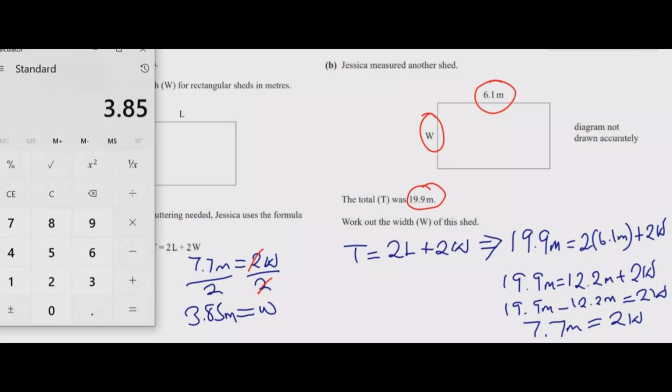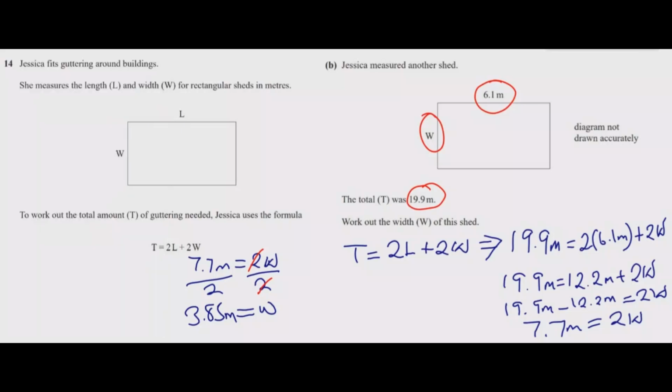So here we can say the width of this shape is 3.85, and this is the answer you write on the answer space provided in this paper. Okay, so basically that is the answer for that one.